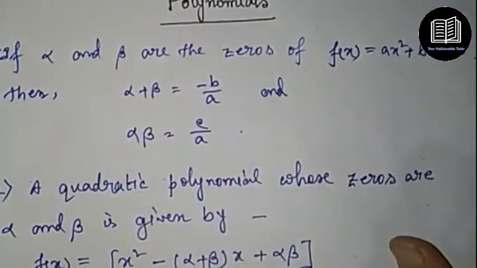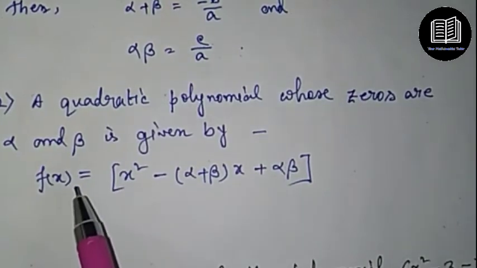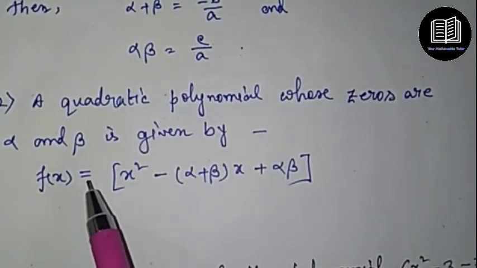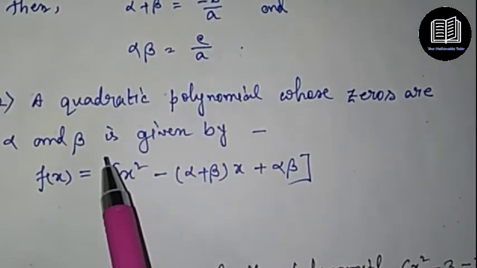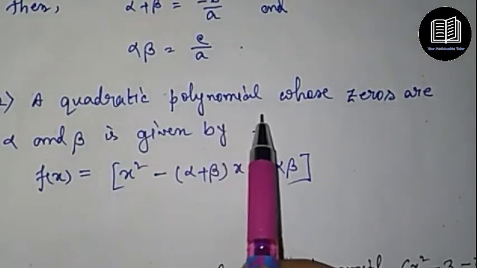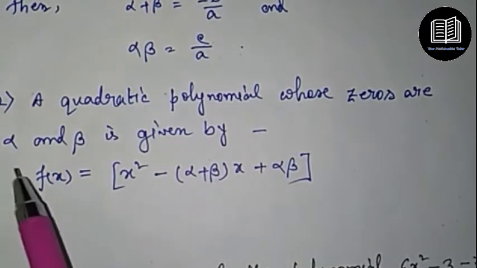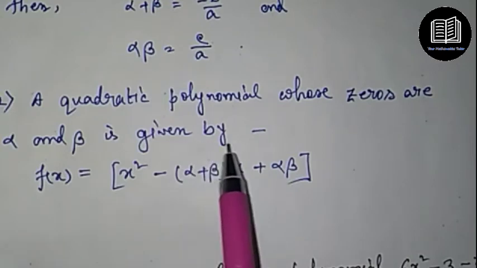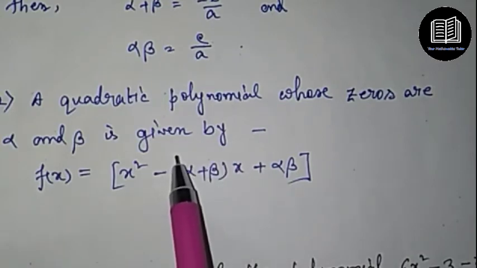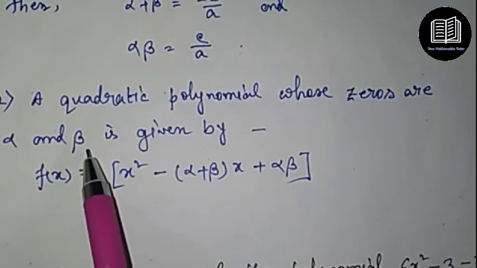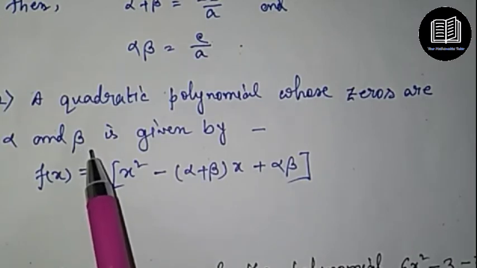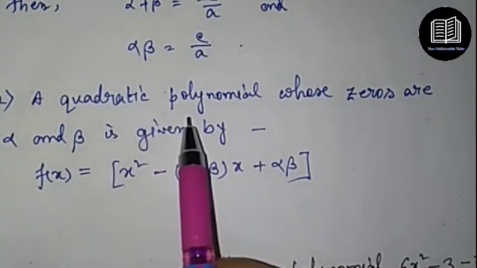Okay, and there is another result which we have to remember: a quadratic polynomial whose zeros are alpha and beta. That means, suppose two zeros of a quadratic polynomial are given, and we have to derive the quadratic polynomial.